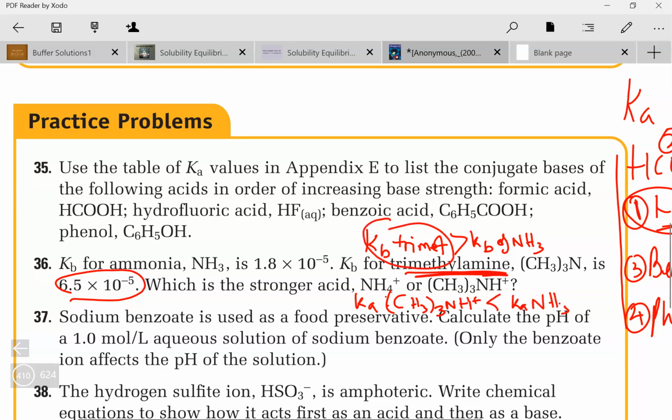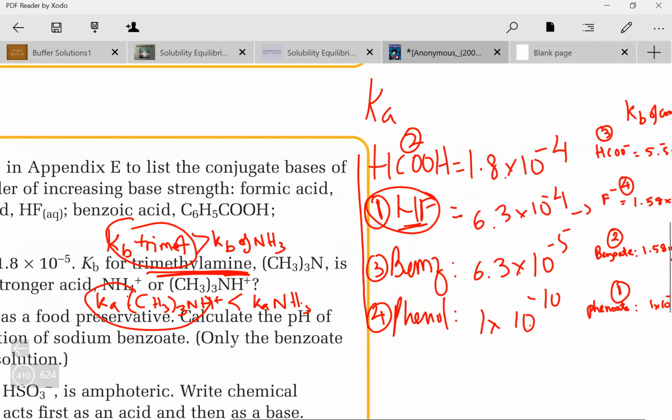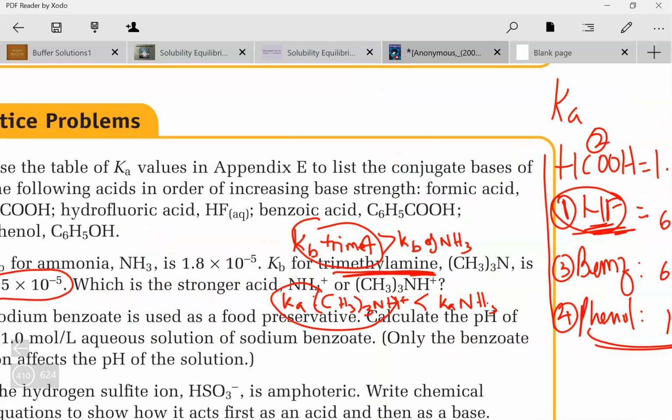Trimethylamine is a stronger base, so the conjugate will be a weaker acid, just like we had over here. A stronger acid gave a weaker conjugate base. The weak acid gave a strong conjugate base. Same as reverse, right? A strong base gives a weaker conjugate acid. A weaker base, relatively, gives a stronger conjugate acid.